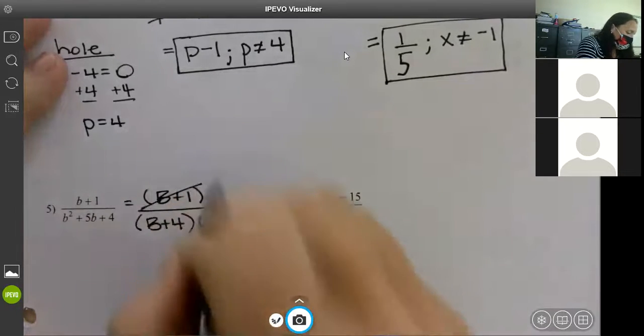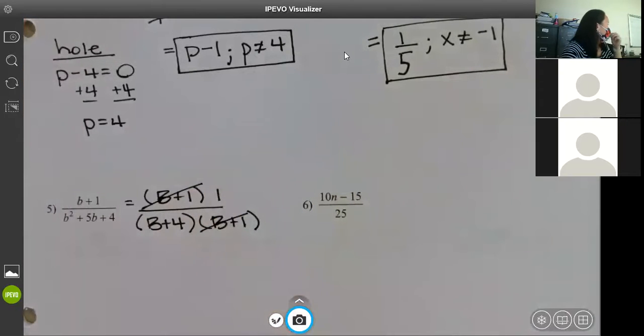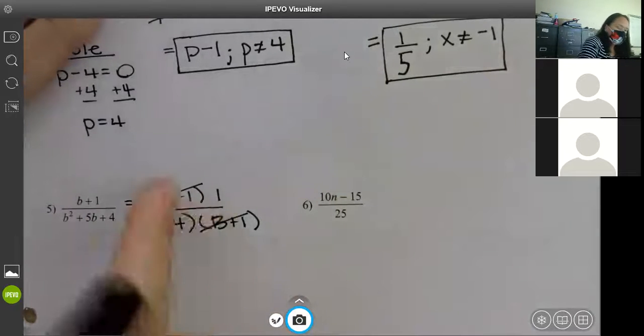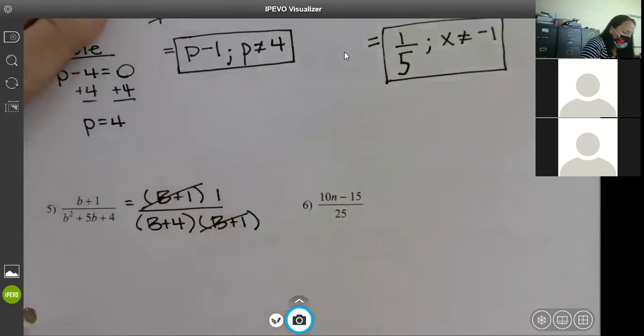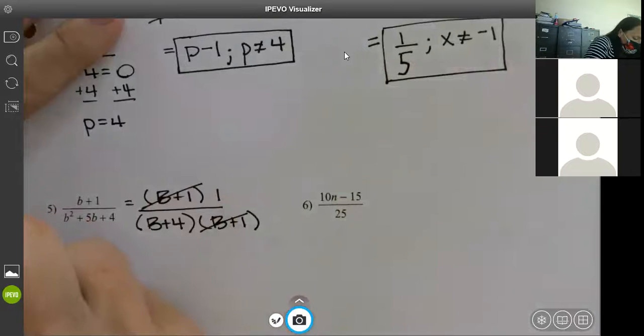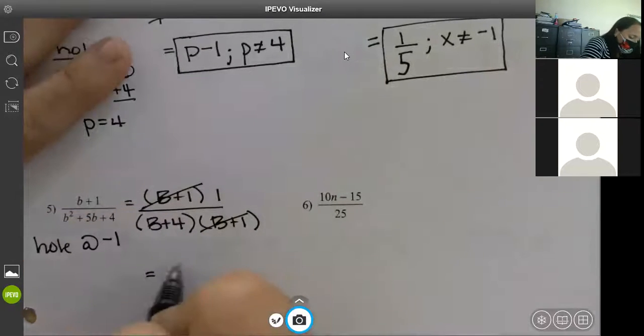They cross out. Remember that leaves a 1 on the top just in case. I don't usually put it up there, but if you need to put it up there to remind yourself, please do that. What does that cause? A hole at -1. So my final answer is 1 over b plus 4.